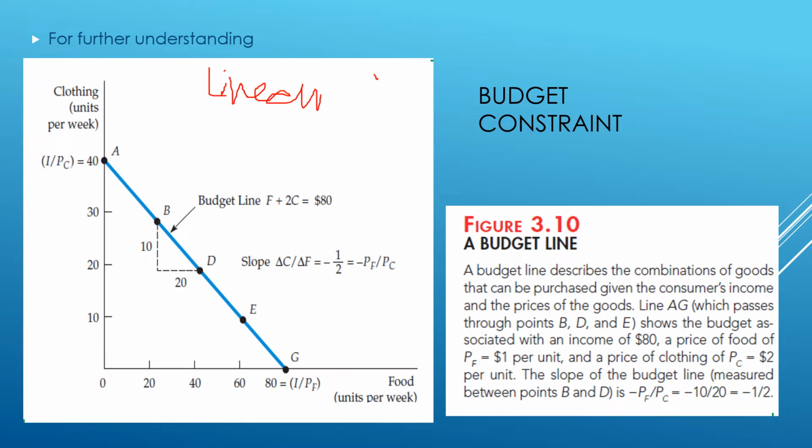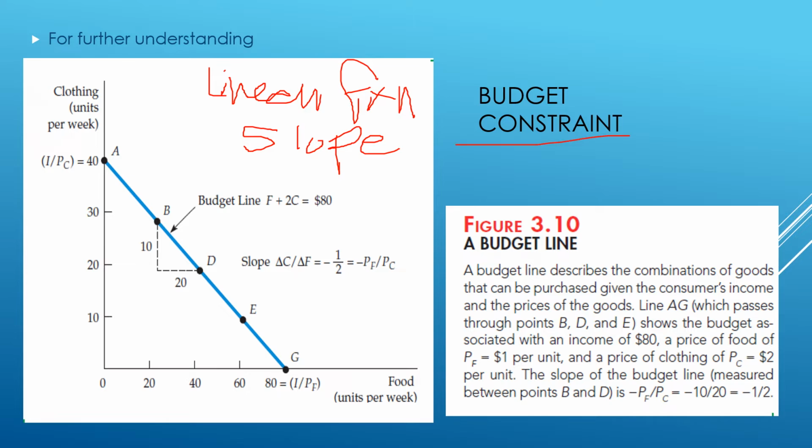Now, by using the linear function itself, remember that I always told you that the first thing you're going to solve is always the slope of the line. Now, what do you call the slope of the budget constraint?